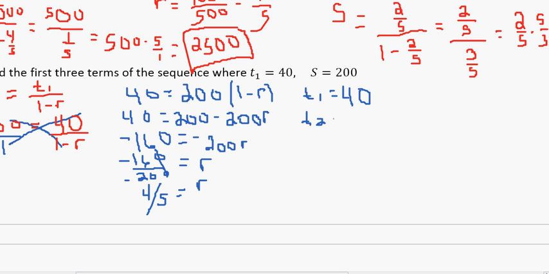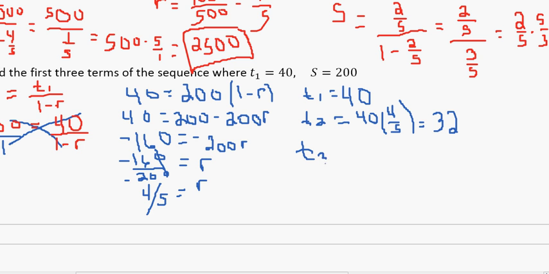So the first term is 40. So to get the second term, I have to take 40 times my common ratio of 4/5. So I'll put a parenthesis, 4/5, which becomes, the 5 can cancel with the 40 to be 8, so I have 8 times 4, which is 32.